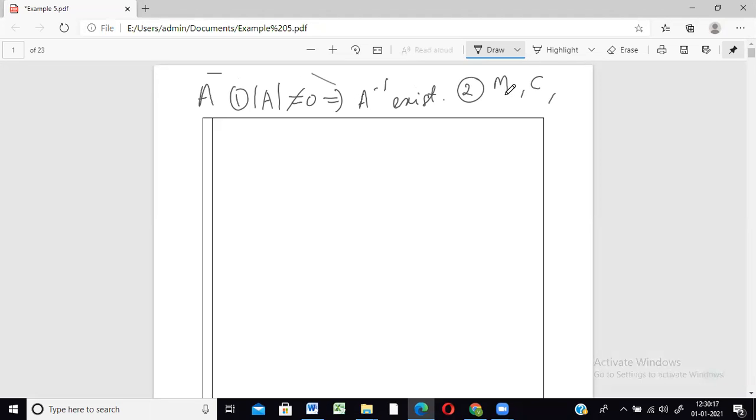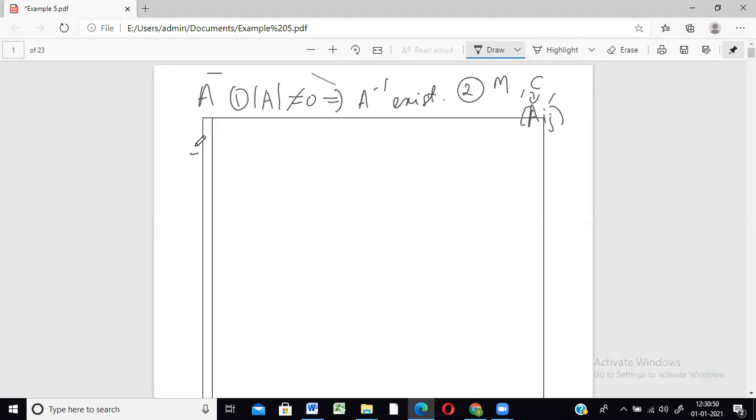So how did we find minors? For a minor, you choose a specific element of the matrix, ignore the row and the column in which that element lies, and take the determinant of whatever remains, correct? And for cofactors we used a formula. We denoted cofactors using capital A_ij. I'll give you the formula too. We're going to continue with the same in this class.